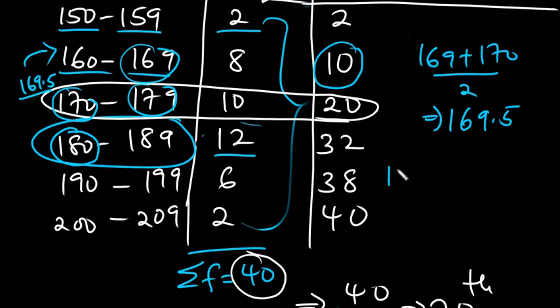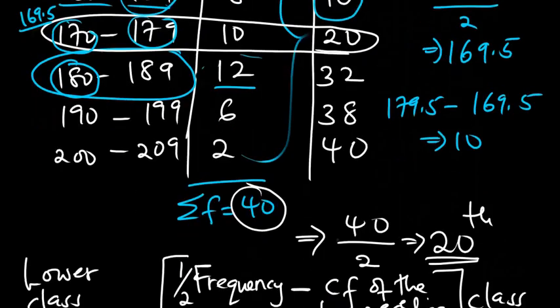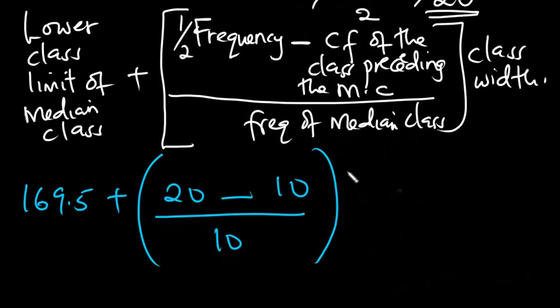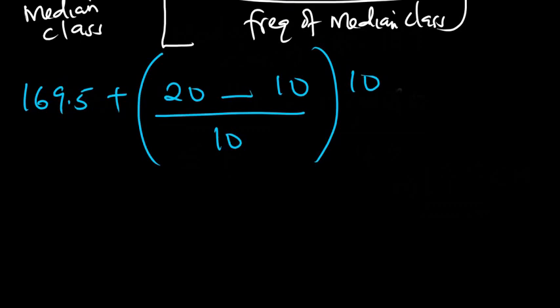Then we subtract: 179.5 minus 169.5 is 10. So the class width is 10, and that is how we are going to get the median height of these athletes.